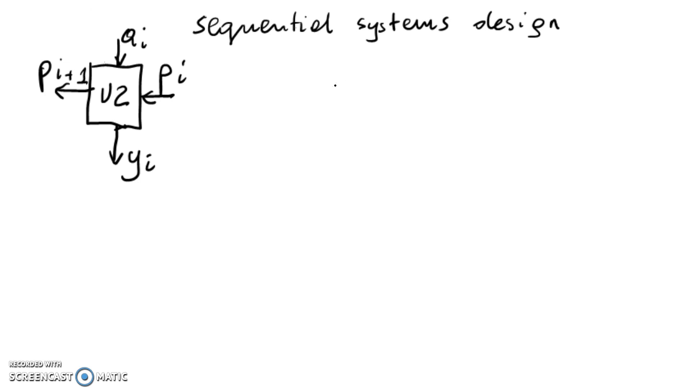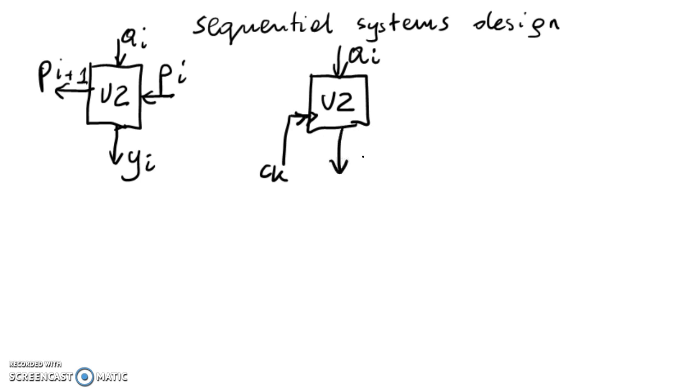In the case of a sequential system, the block diagram of the cell will be very similar, having an A_i input, and on this input you will put the consecutive bits. All the bits will be present here, starting from the least significant bit, and on each clock signal you will put another, consecutive one, and a single output Y_i.